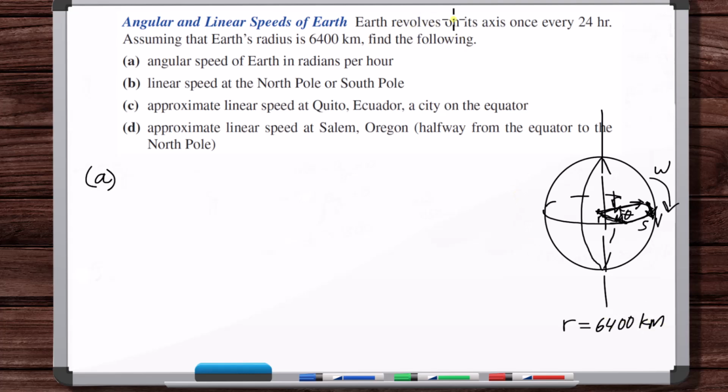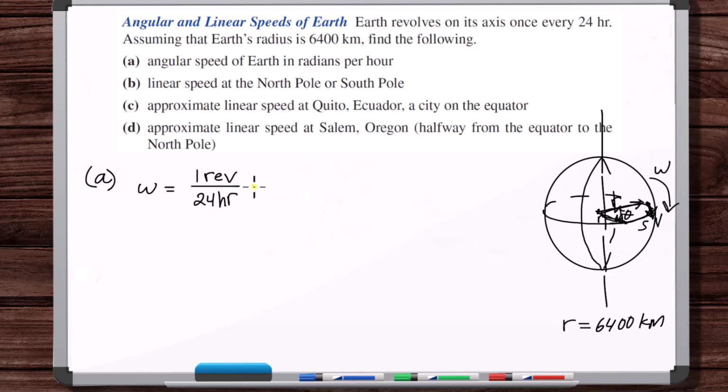Okay, and it tells us that Earth revolves on its axis once every 24 hours. So that is omega. We have its angular velocity. We have a certain amount of angle over a certain amount of time. We have one revolution, so it goes all the way around, 2 pi radians, 360 degrees, in 24 hours. Right? An angle amount per time.